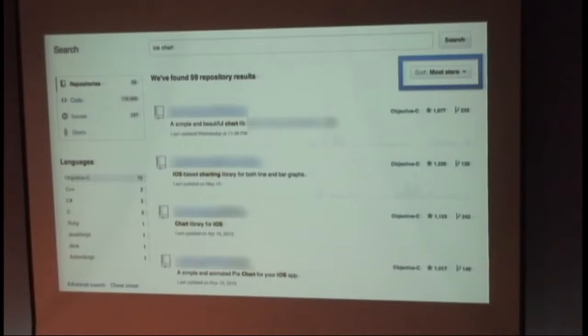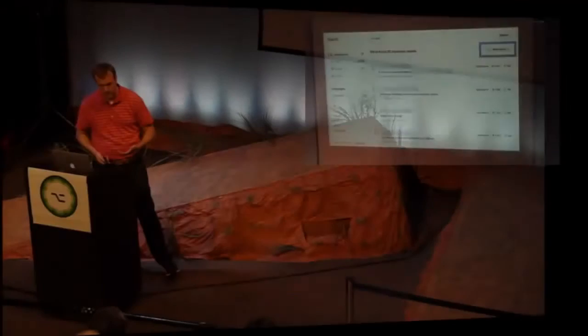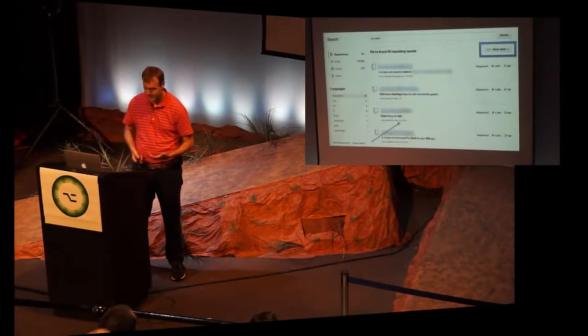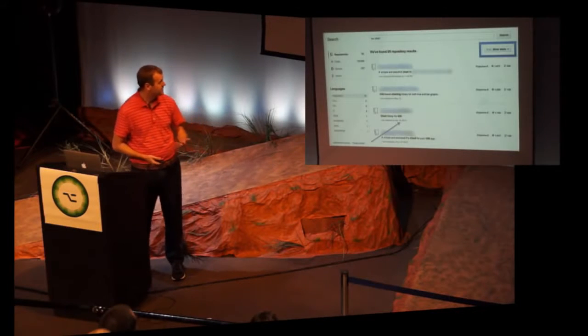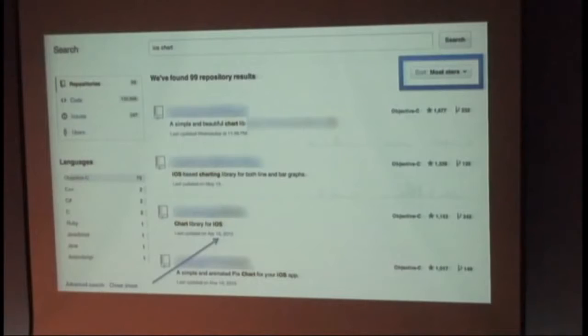You can see the first two located here have been starred 1,000 times or so, and the bottom two have been starred a similar number of times. But one thing to keep in mind is that the bottom two were last updated April 16th of 2013, while the other two were updated fairly frequently.